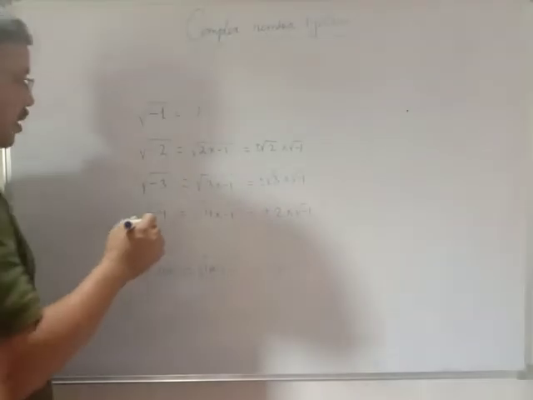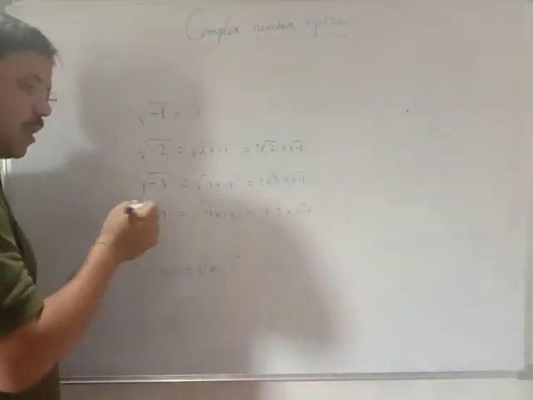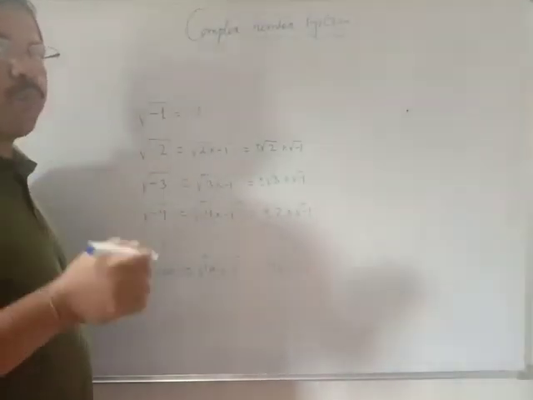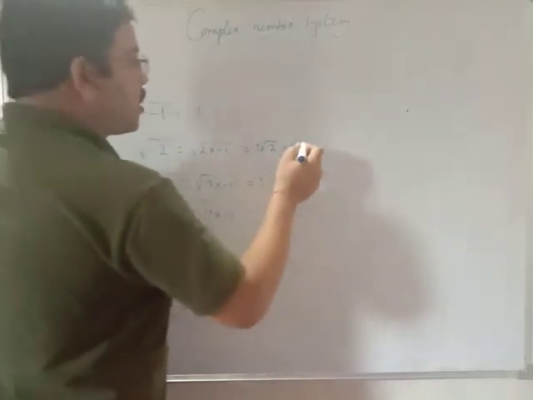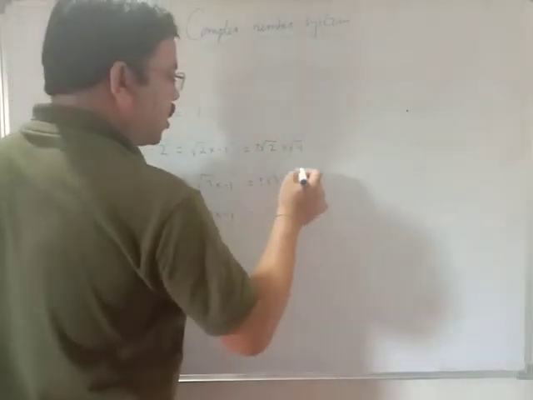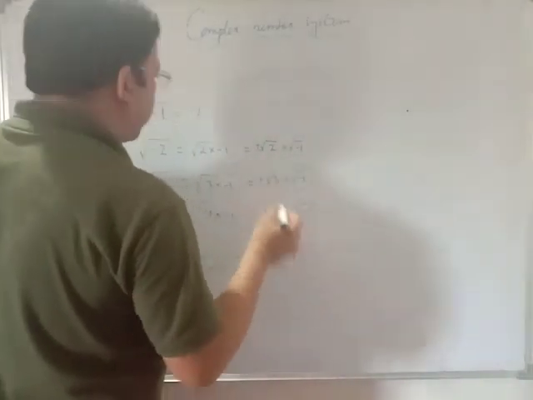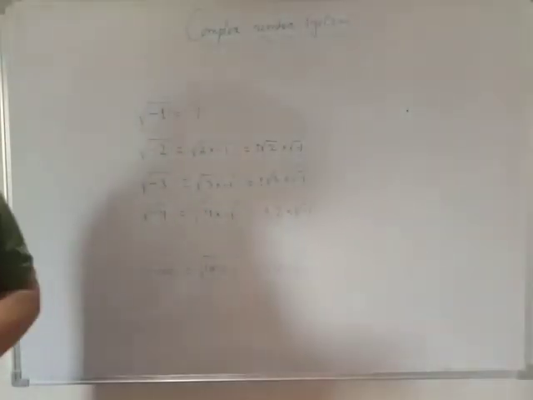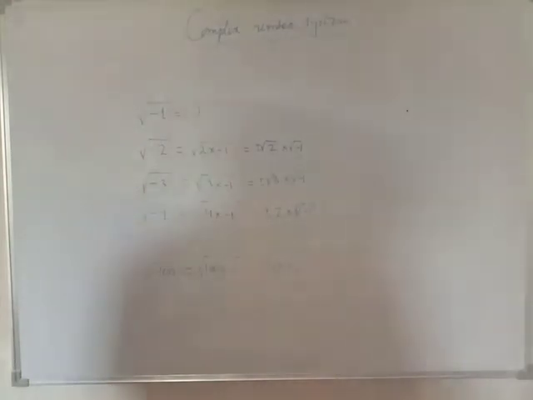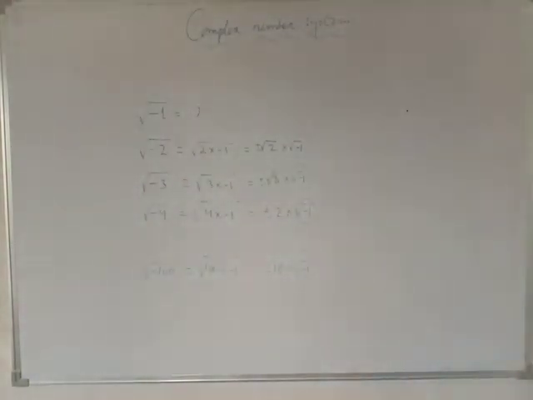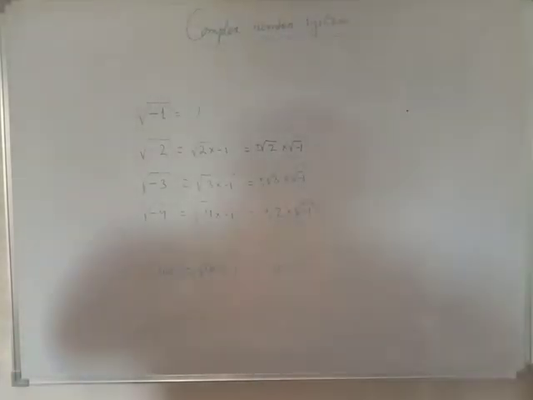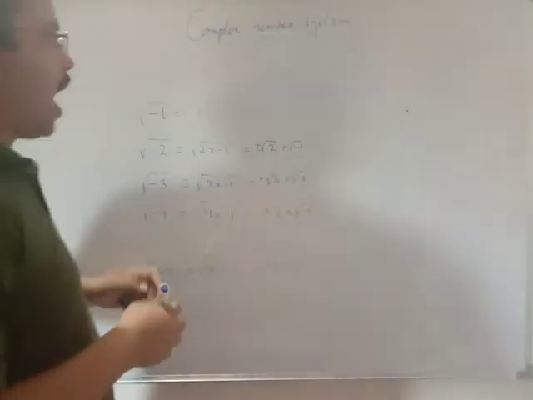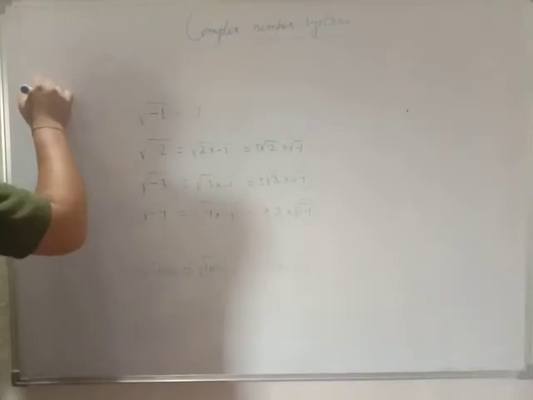So the square root of a negative number is not creating the problem. The actual problem creator is this root of -1. It is present everywhere. So let us assume root of -1 as a symbol. Let root of -1 be I, because root of -1 must not be a real number.